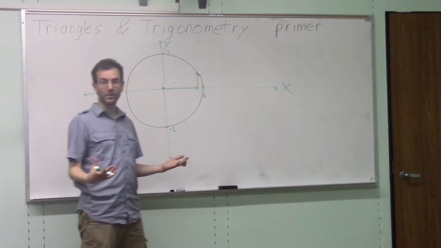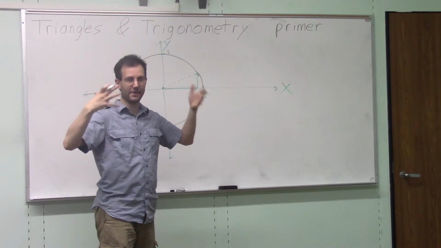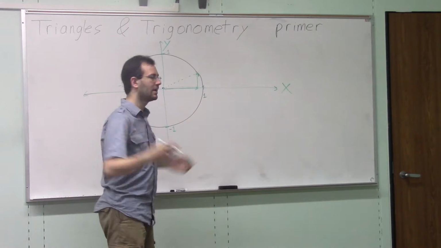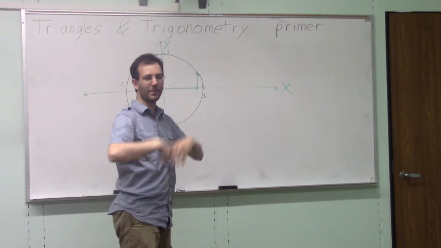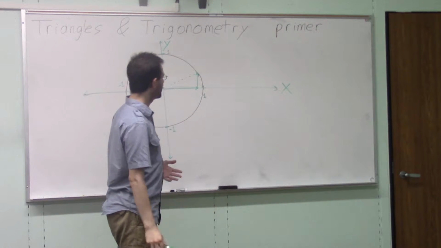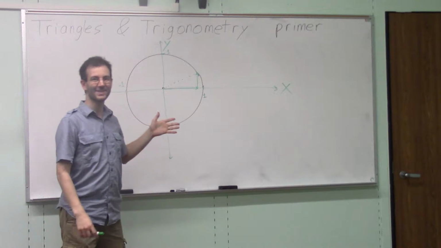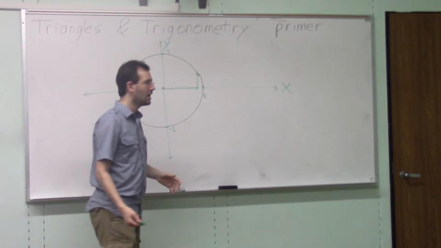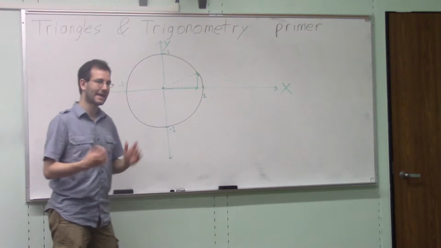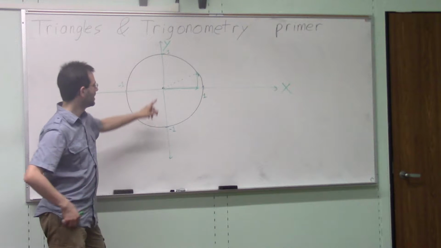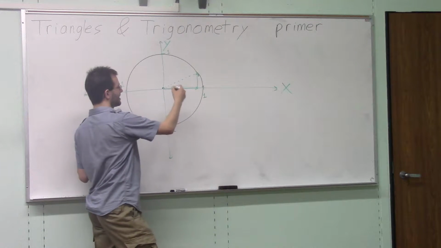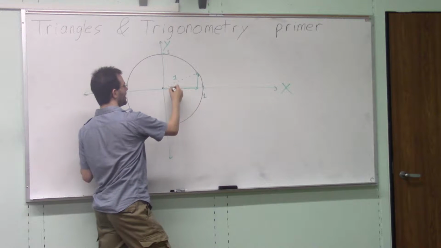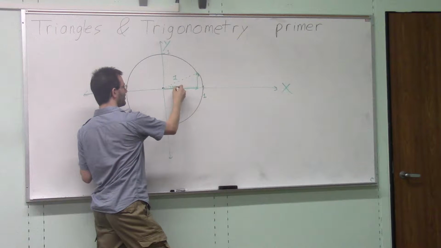If we know it at 1, we can just multiply everything by 10 for 10, or by 50 for 50. What's important is to know it for 1, and then we can modify it by multiplying everything from there. The idea is to know the ratios of things, like sine and cosine, not to know necessarily the exact amount yet. So, let's say I throw something with a speed of 1 meter per second at a 30-degree angle.